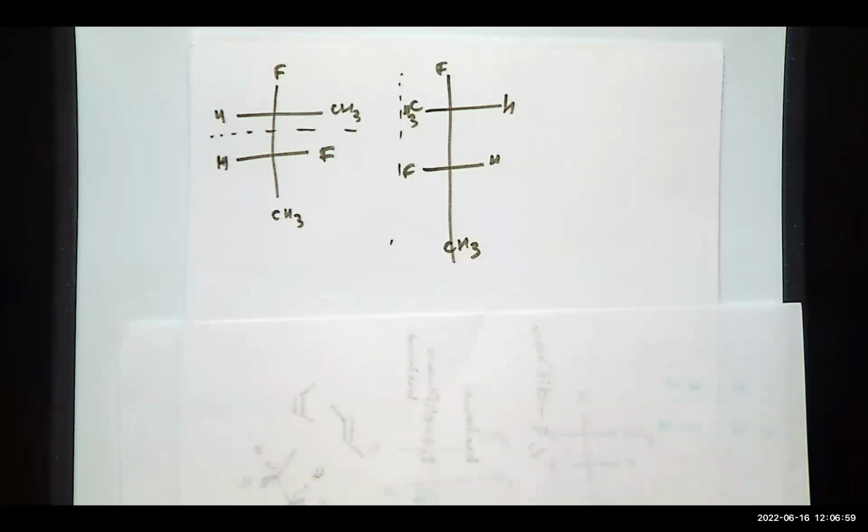What's nice about these kinds of molecules is that the priority is always the same. Fluorine's always the highest, hydrogen's always the lowest. So you only have to figure out the highest priorities, lowest priorities one time.